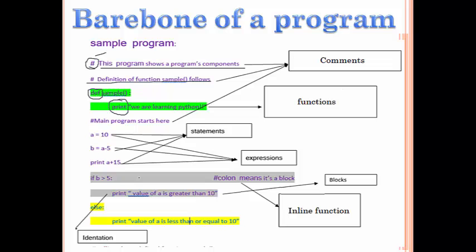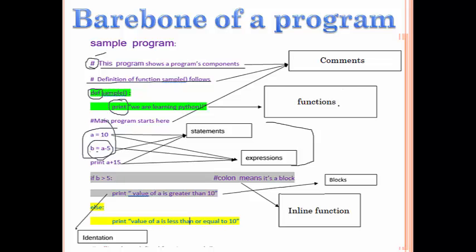Now next is your statement, or sometimes we call it an expression. These are the syntax written in order to get the required work done. For example, here the work is done: b is equal to a minus 5. We will learn a little more about it later on.